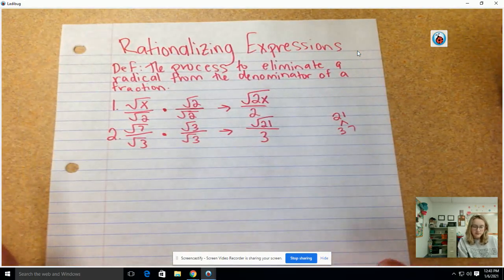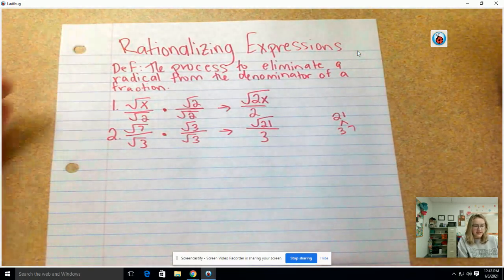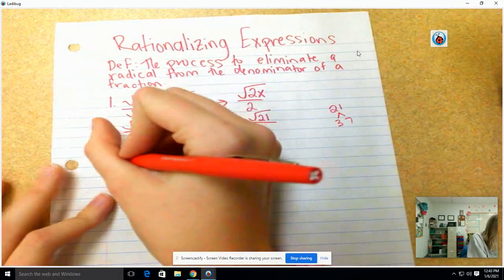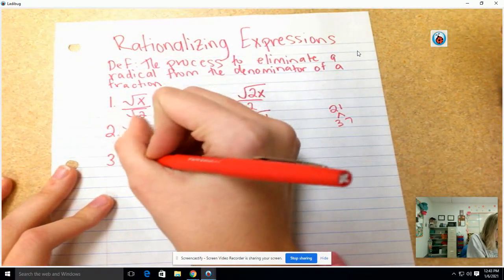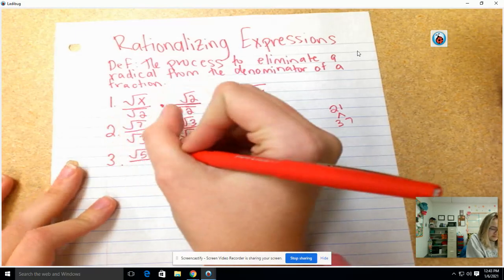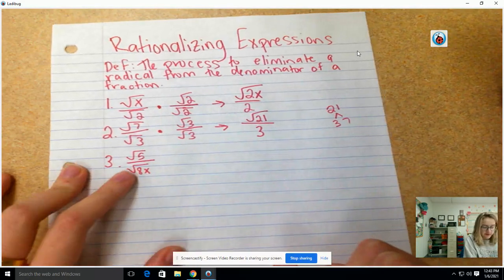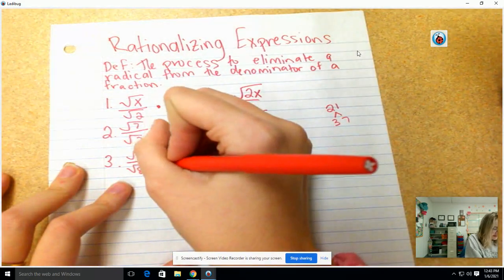So as always, I do kind of get a little bit more advanced. We could also have something that looks like this: radical 5 over radical 8x.